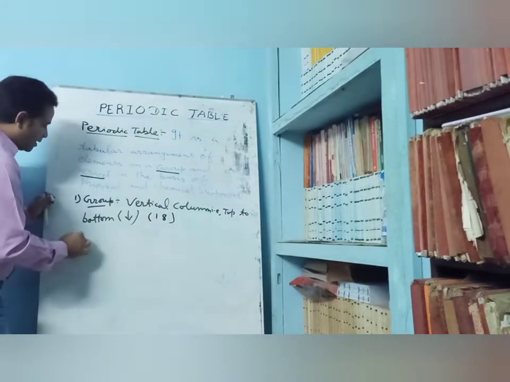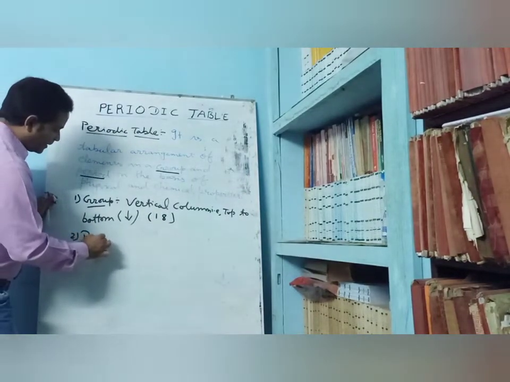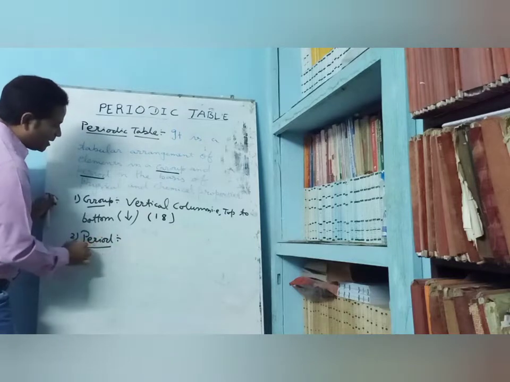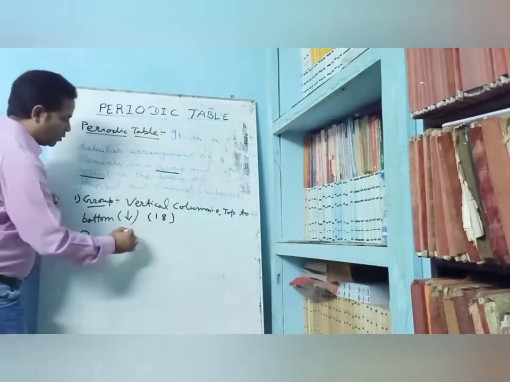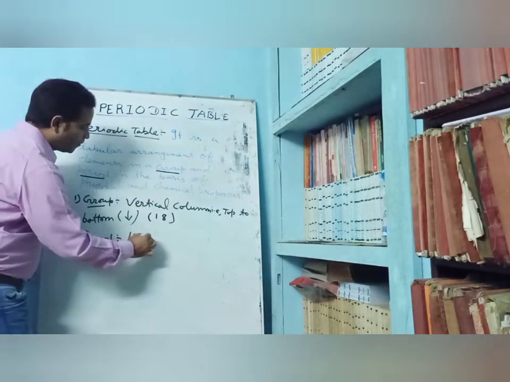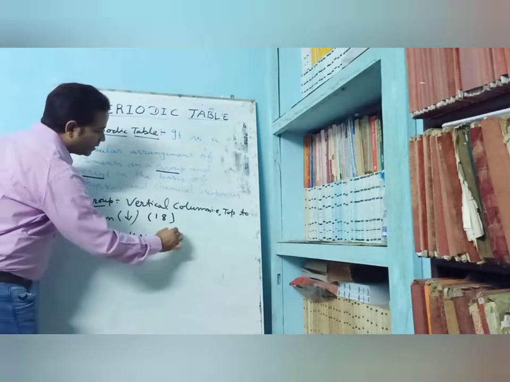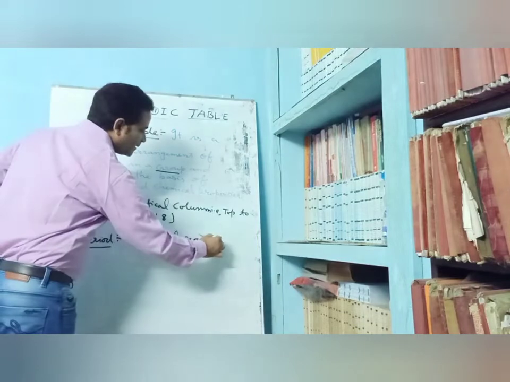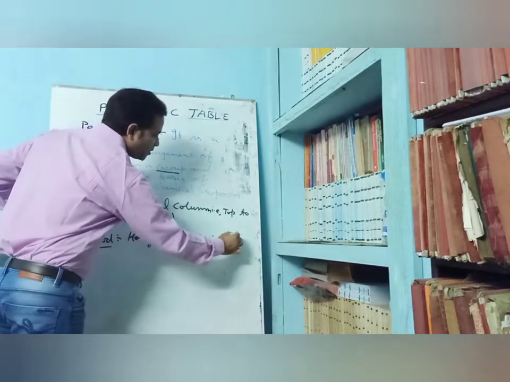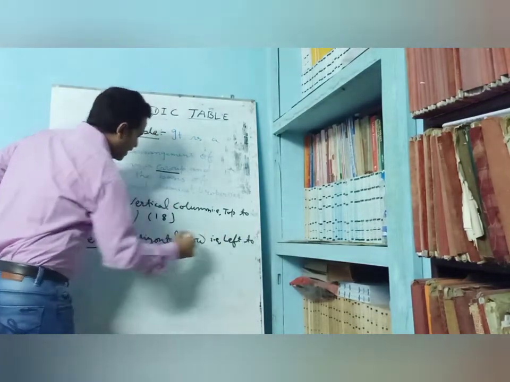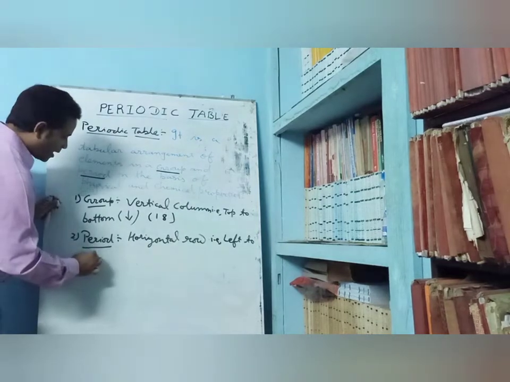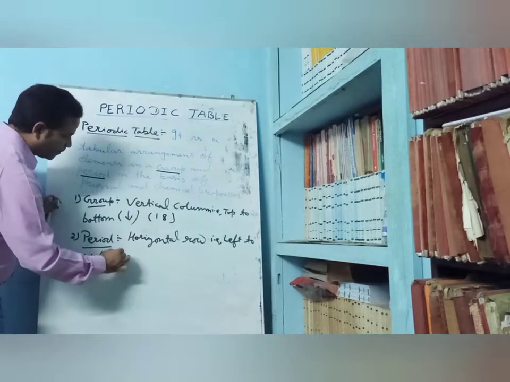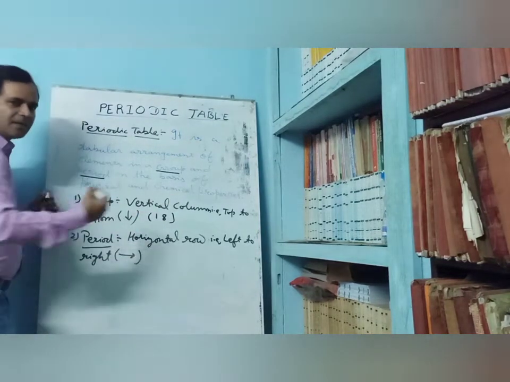Now, the second one is period. Horizontal row, that is left to right. When I am saying left to right in a PT, what does it mean?